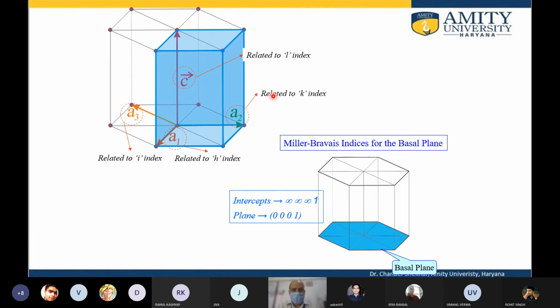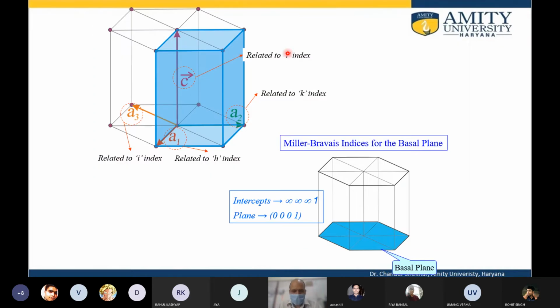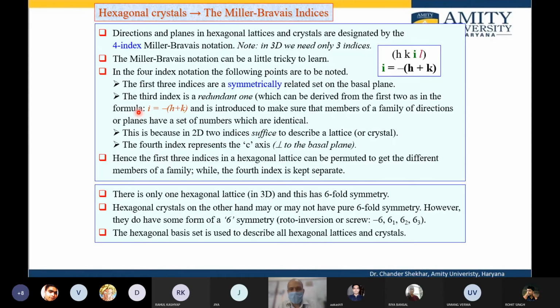So directions and planes in hexagonal lattices and crystals are designated by the 4-index Miller-Bravais notation. Note that in 3D we generally need only 3 indices, H, K, and L, but to accommodate the basal plane, which has vectors A1, A2, and A3, we use 3 indices for the basal plane and the 4th for the vertical axis.